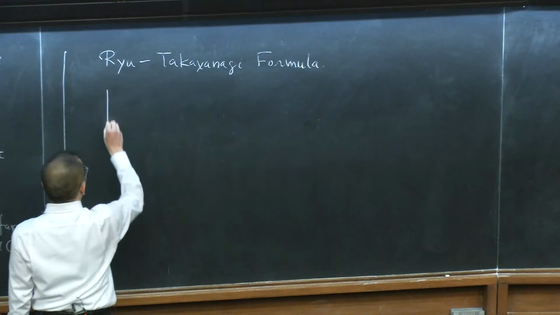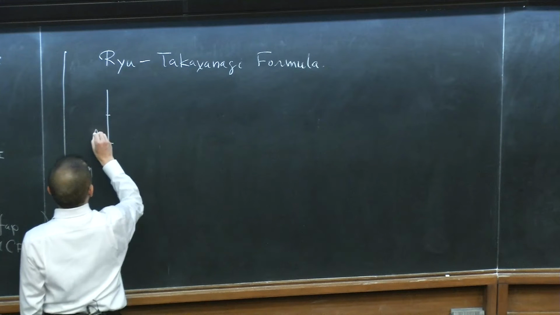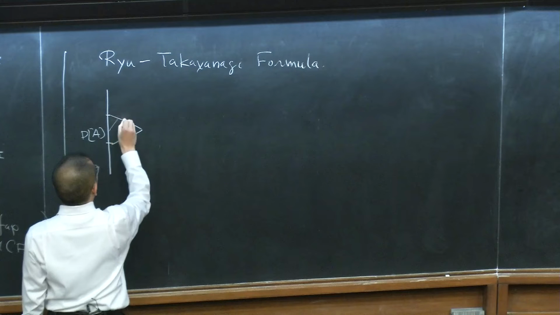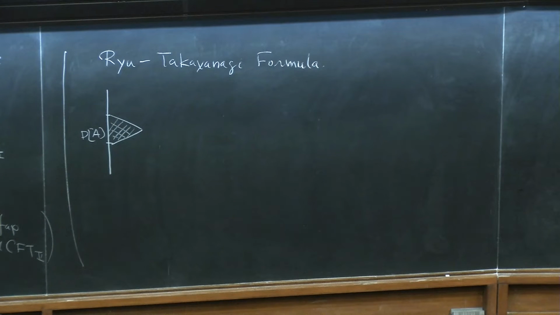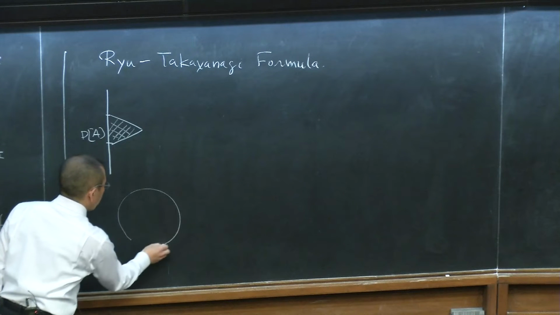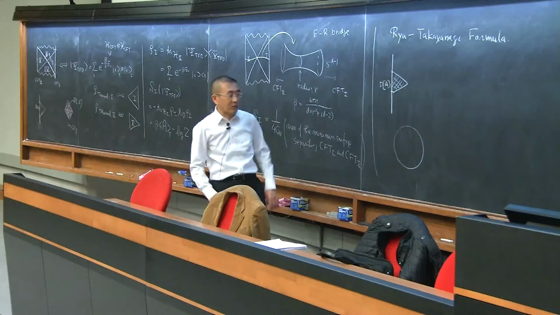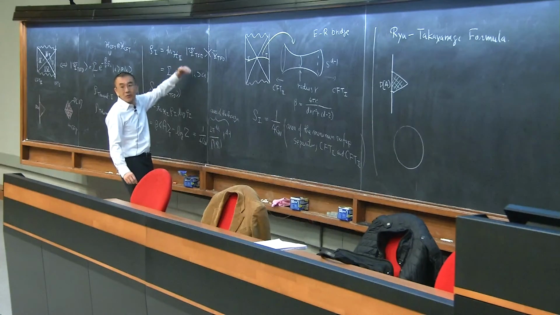If you have some region A and the domain of dependence of A, then you can reconstruct the intersection of the past and future of this domain. But I should also mention that, suppose you have a pure state. Suppose you have one of these pure states. This certainly is a pure state in this direct product.